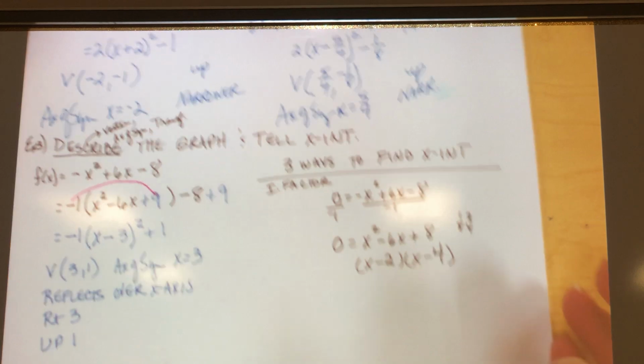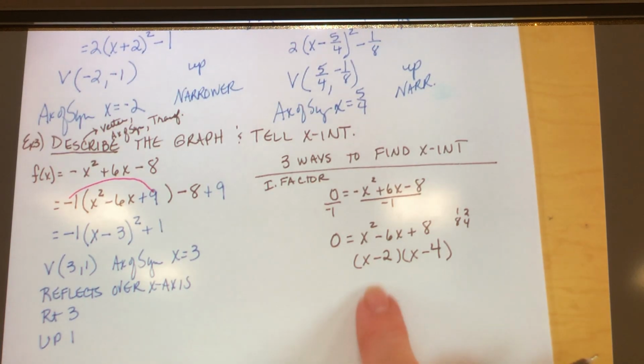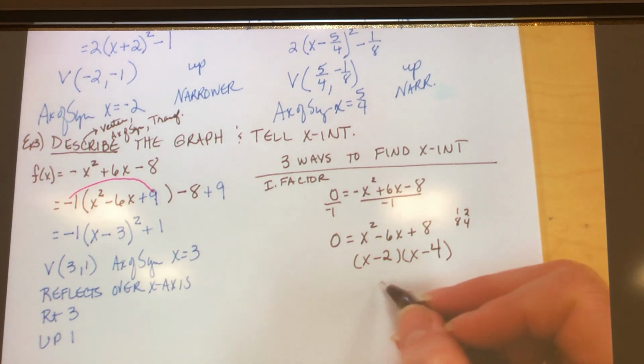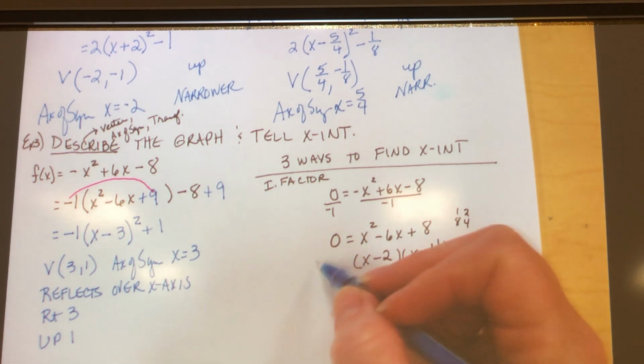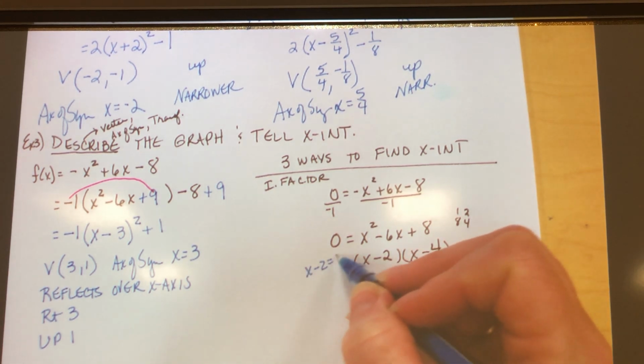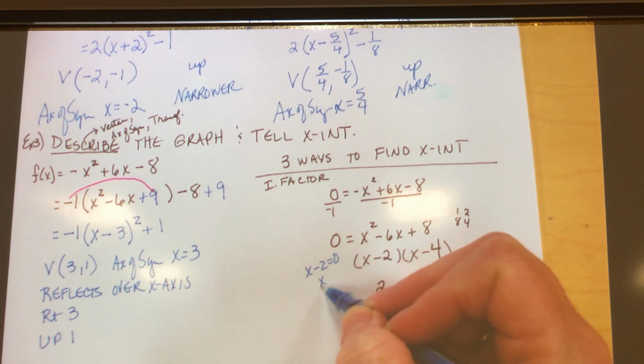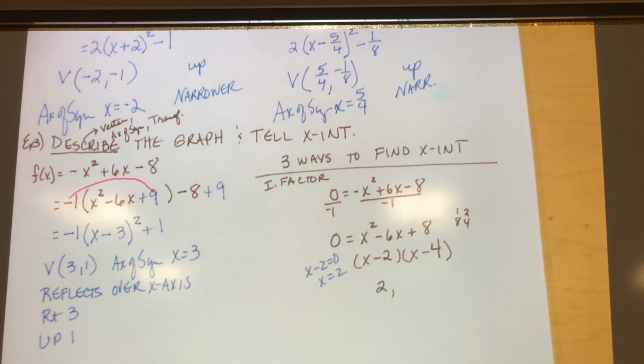Okay, so let's see who remembers. X minus 2 is my factor. What's my root? What's my x-intercept? What's my answer? What's my solution? Positive 2. Yes, positive 2. If you don't know where that comes from, all you do is set this factor equal to 0 and you solve for x. You add 2 to both sides. Okay? Remember this.